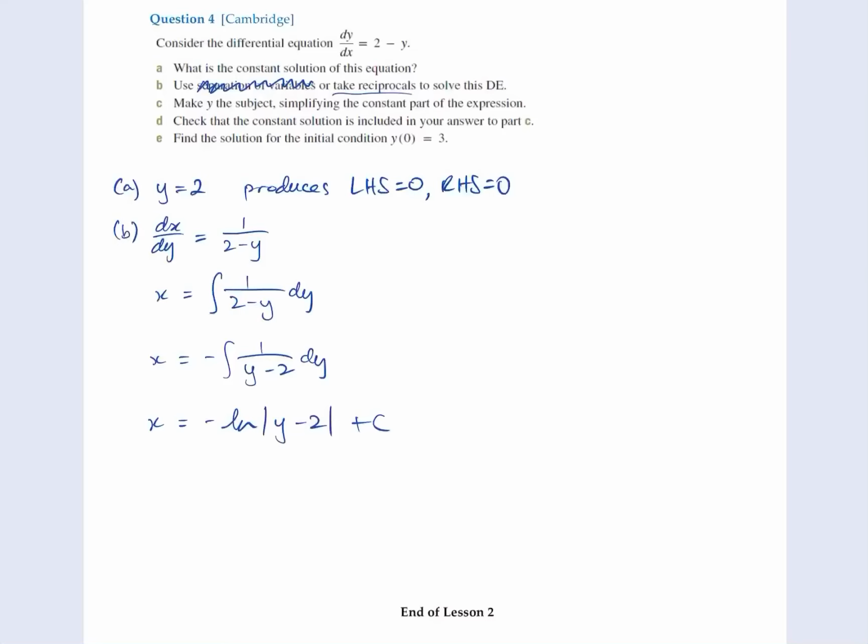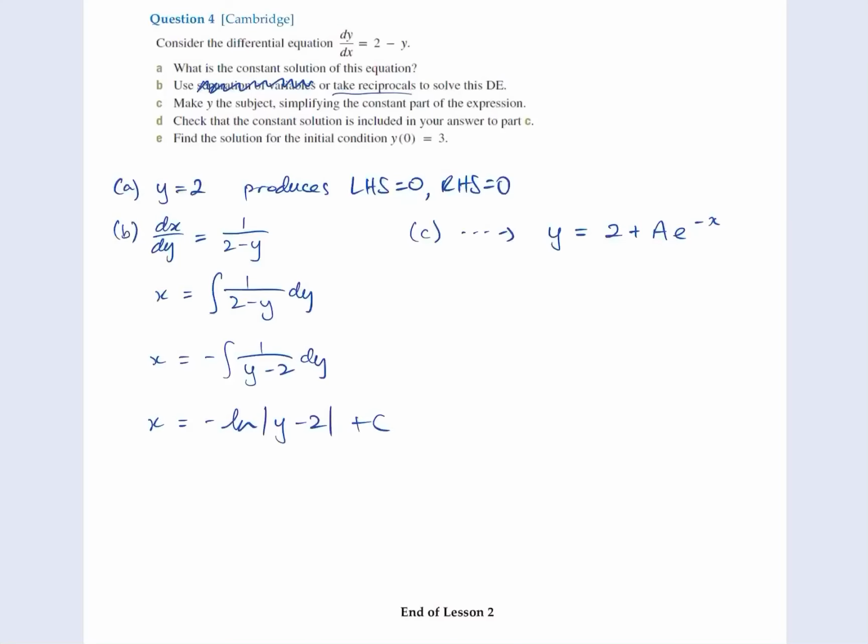Then I would continue and make y the subject, but that's what question C is. Make y the subject. Well, I get y equals 2 plus a e to the negative x. Earlier in the video, we did something that has similar working, so I'll just leave it like that. I made y the subject, simplifying the constant part of the expression.